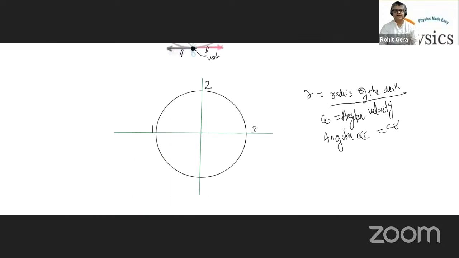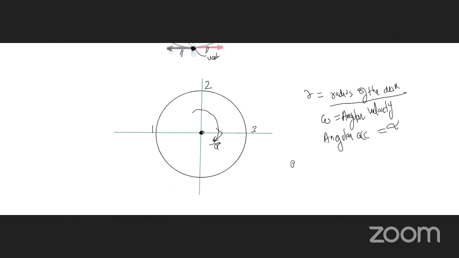Now the center of mass, which is this, has a linear acceleration of a linear. Okay. You have to find the magnitude of resultant acceleration of this disk at point number 1, 2, and 3, given that it is moving in a direction which is this.